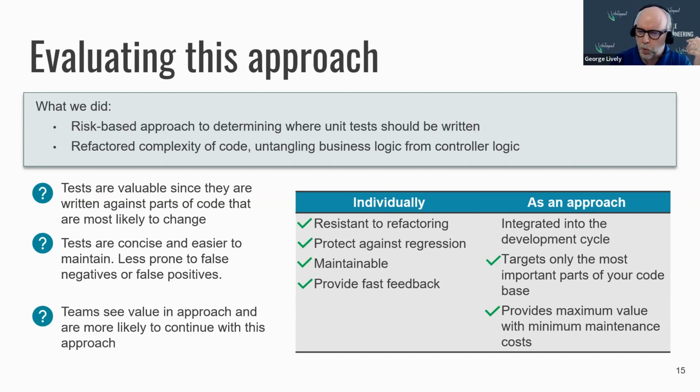And perhaps the most important part is that teams should be able to see some value in this approach and are more likely to continue with it, which makes it so that it can be much more easily integrated into their development cycle. All right.